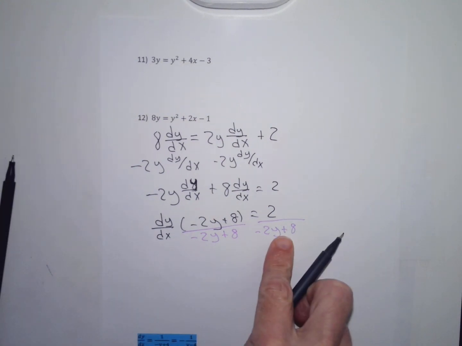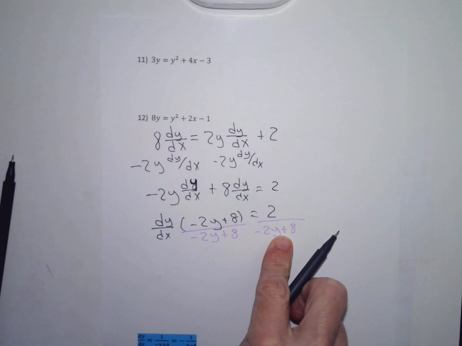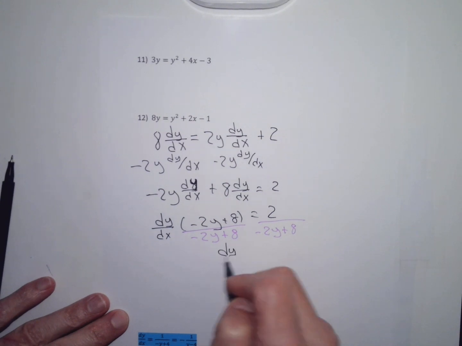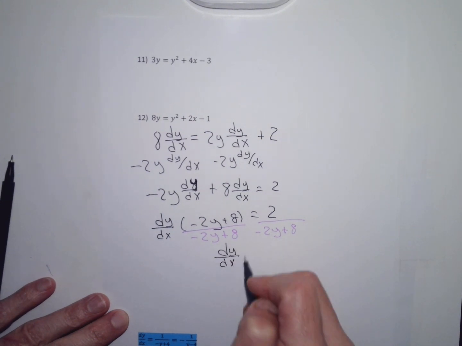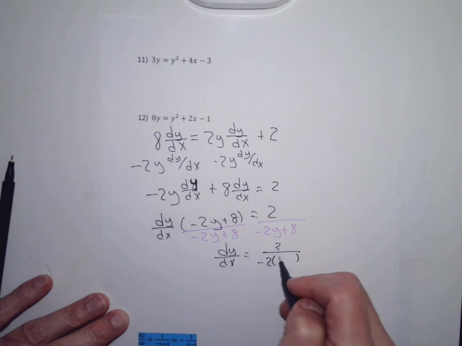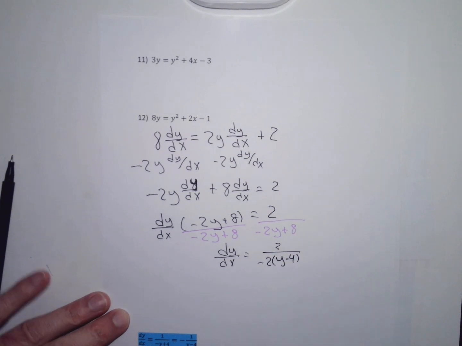Common factors in front of parentheses can cancel with single numbers in the numerator. I'm going to factor out a negative 2 from my denominator and get dy/dx equals 2 divided by negative 2, and I factor out a negative, I switch the signs. This positive y, negative y turns to positive y, the positive 8 when I factor out a negative 2 turns to negative 4.